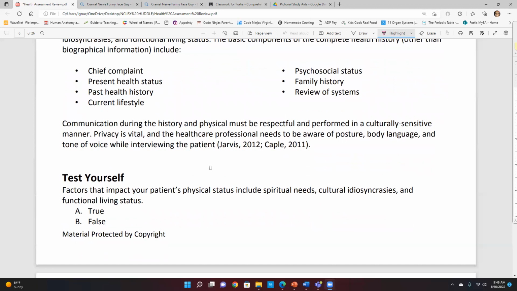Also, the review of systems. That's going basically through our 11 body systems and saying, did you have any surgeries, any complaints, any pains, anything going on? So when we talk about the systems, gastrointestinal system, respiratory system, nervous system. So that's something that we will document, right? The review of each of those systems.